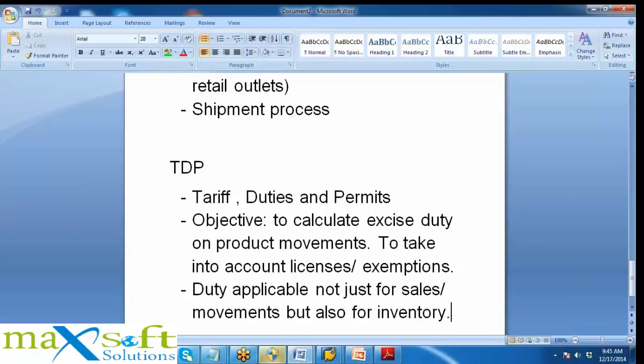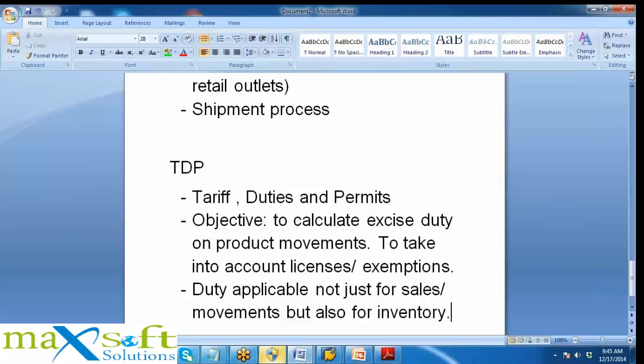This you will not see in any other industry. Other industries, for example, if you are selling some television, the excise duty will happen whenever you are billing the customer or selling to your dealer. But here, even if you hold your product in your tanks, you are supposed to pay the duty. So that is something unique in the industry.